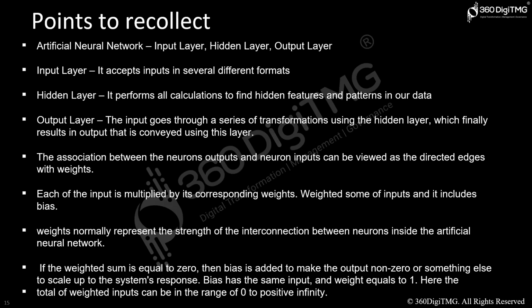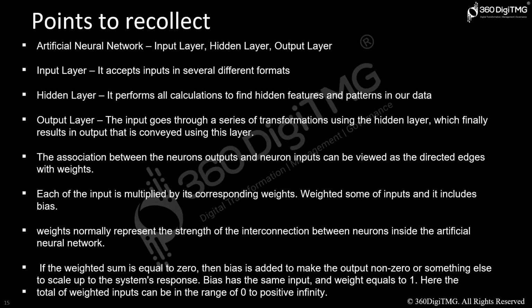So the association between the neurons, outputs, and inputs can be viewed as directed edges and weights. Here, each input is multiplied by its corresponding weight. So we take the weighted sum of inputs, and it includes bias. Weights normally represent the strength of the interconnection between neurons inside the artificial neural network.